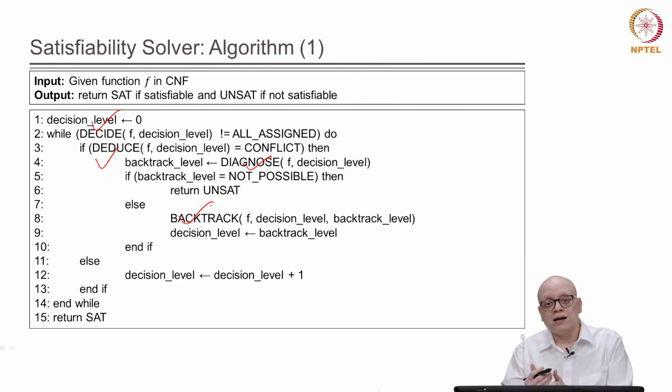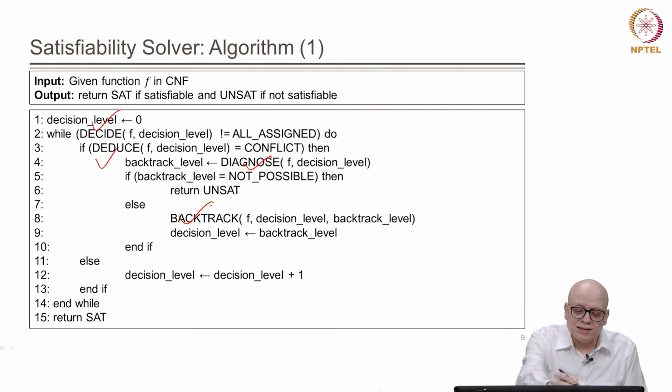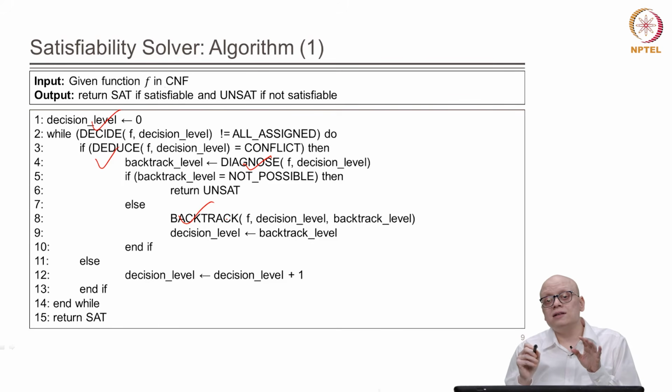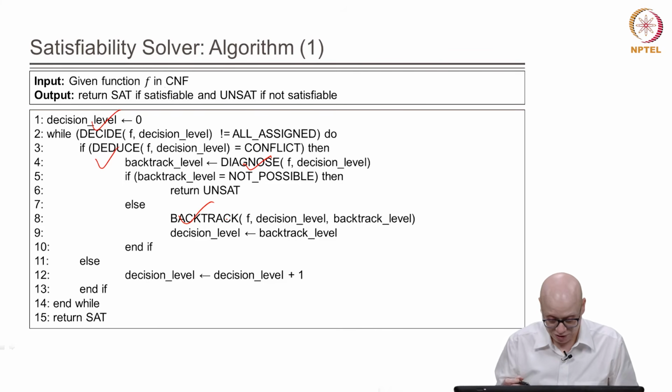Some can choose the variable which was last assigned to be backtracked, or some SAT solver can say that I will backtrack the decision variable which led to the most number of conflicts, and so on. So all these things, decide, deduce, and backtrack, are very much implementation specific, and different SAT solvers can use various heuristics in implementing these functions.